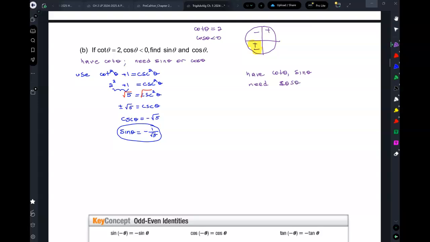So I can use, right? Cotangent of theta is cosine over sine, right? So if I want cosine, I can multiply both sides by sine.